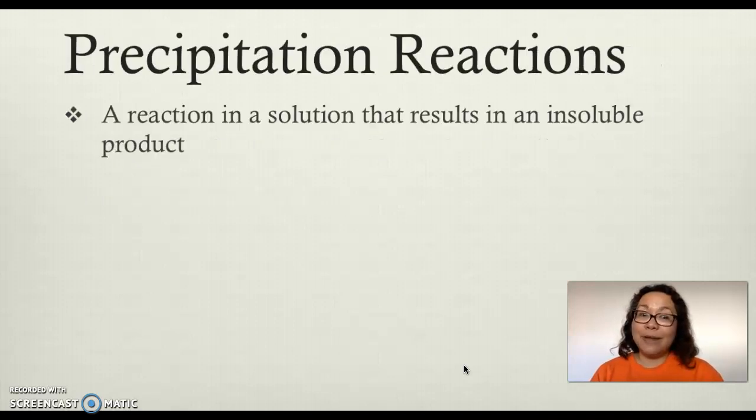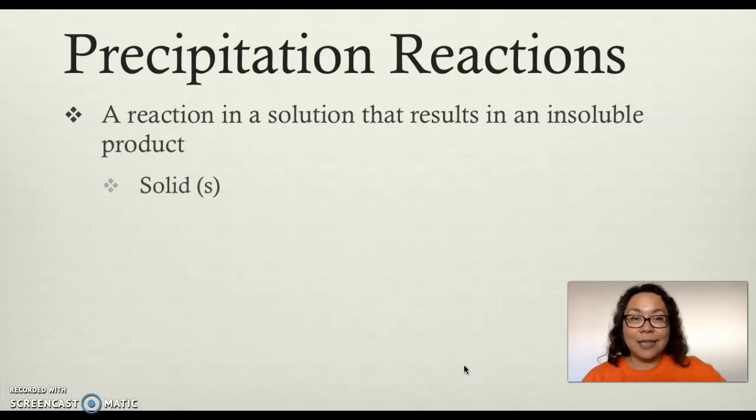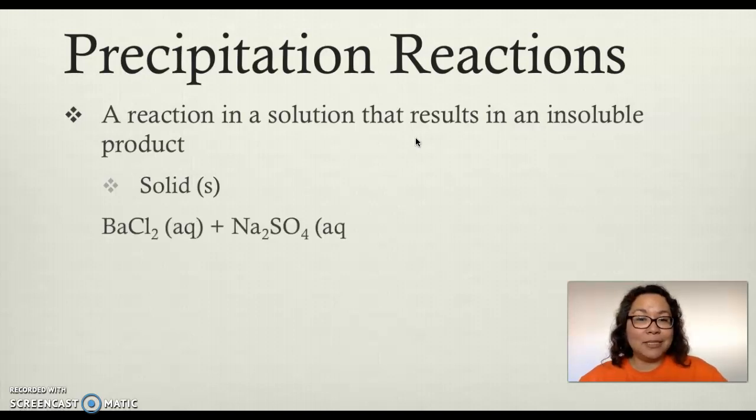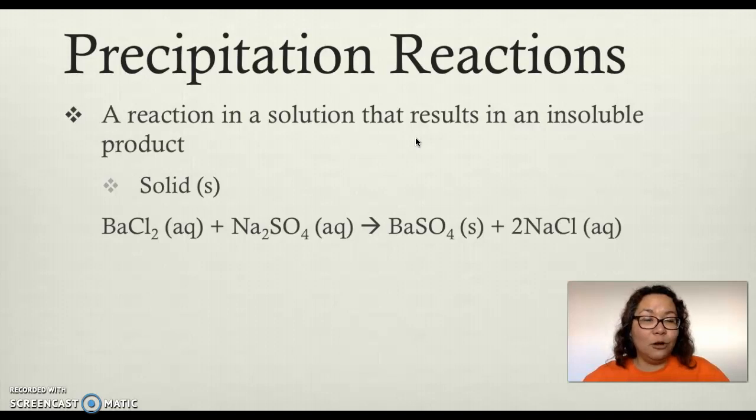A precipitation reaction is a reaction in a solution that results in an insoluble product. That insoluble product is a compound that does not dissolve, so it stays as a solid. And you'll know it's a solid in a written chemical equation if it has the lowercase s surrounded by parentheses. For example, here is a chemical reaction: barium chloride plus sodium sulfate, which produces barium sulfate and also sodium chloride.